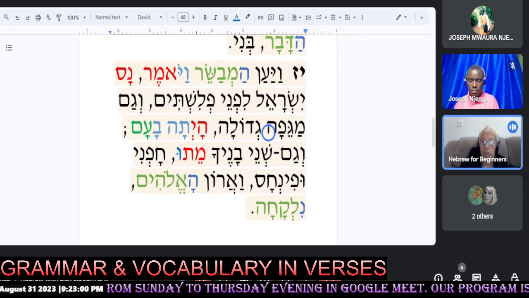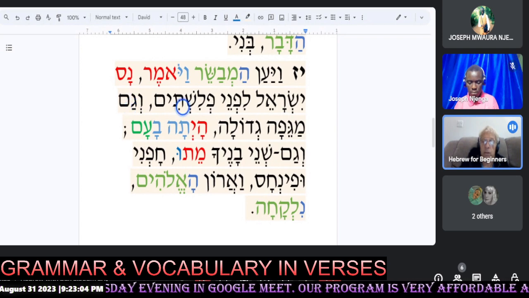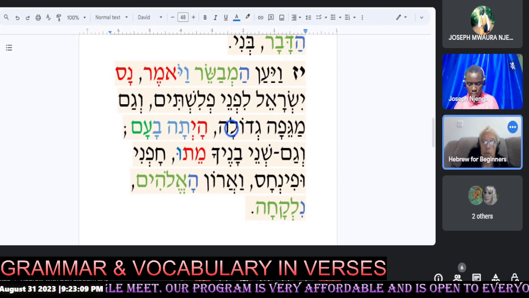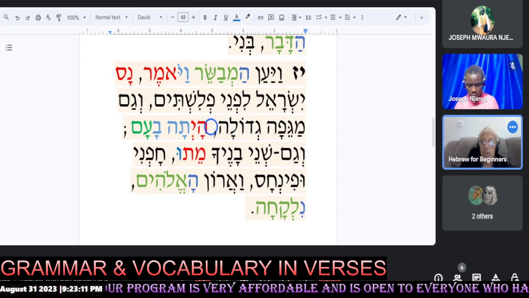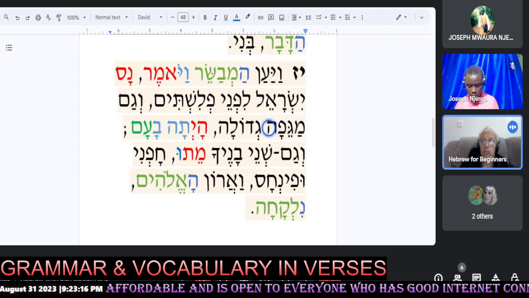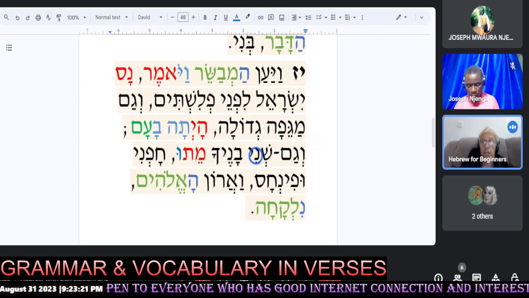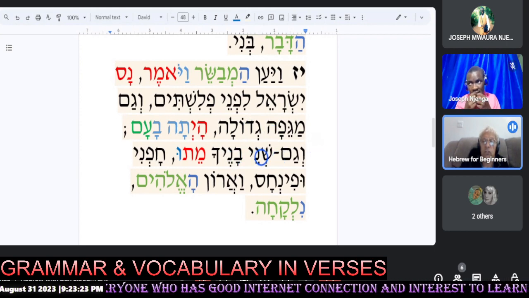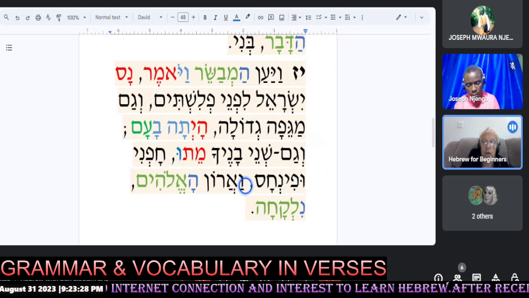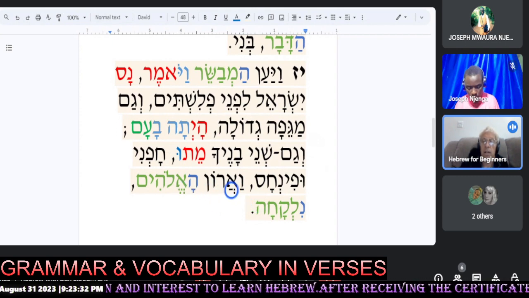Vigam magefa gedola haisa ba'am. And also a great affliction has hit the Jews. They got beat up in battle, is what we're talking about. Vigam shnei vanecha mesu, and also your two sons, Eli, have died. Hofni ufinchas, va'aron ha'Elohim nilkacha, and the holy ark of God has been taken.